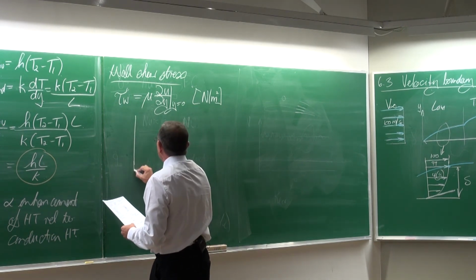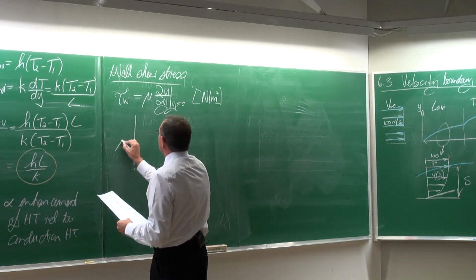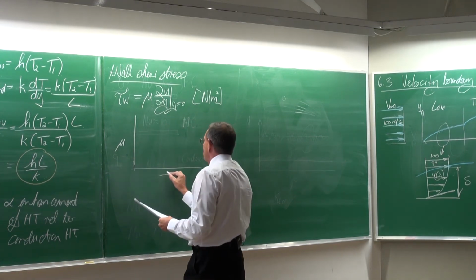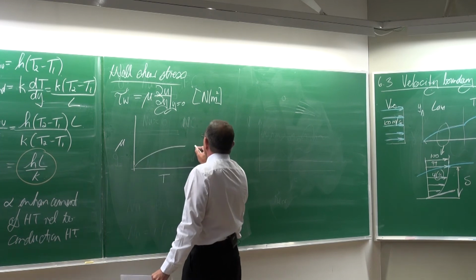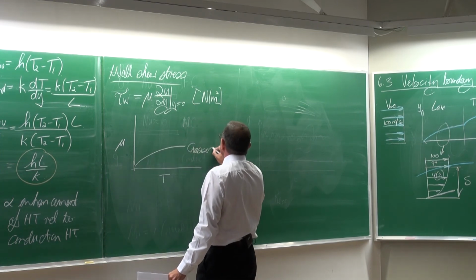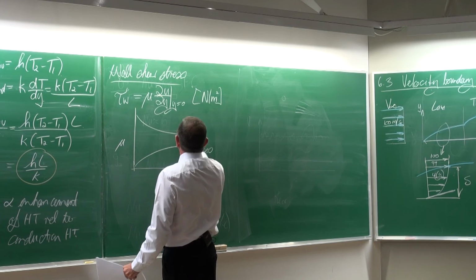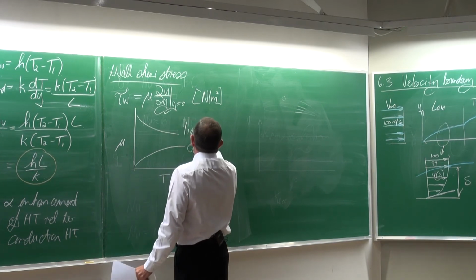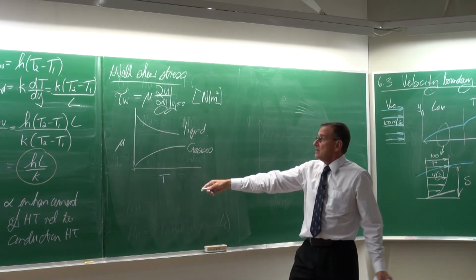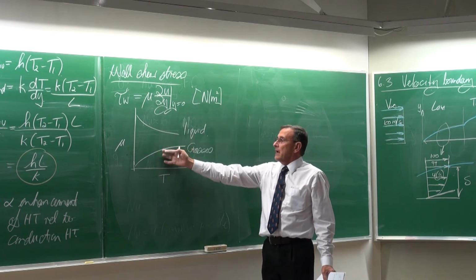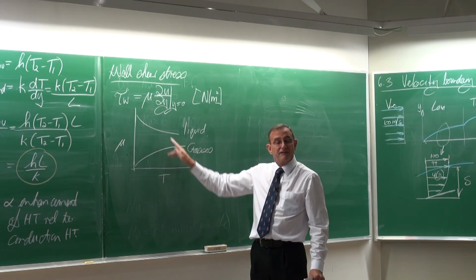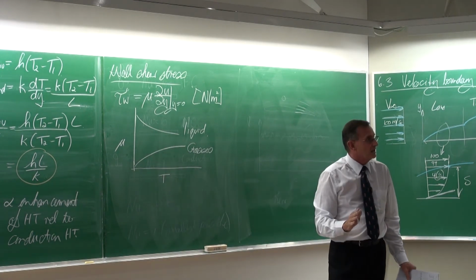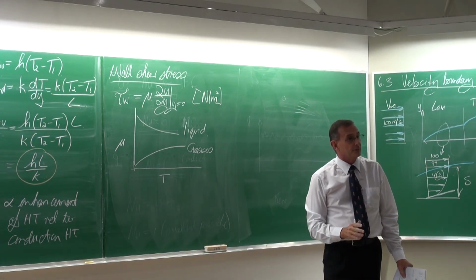In general, if you go and look at viscosity as a function of temperature, you will see that viscosity is a function of temperature. For gases, it will actually increase, while for liquids, it will decrease in general. If you go and plot any liquid or gas in your textbook as a function of temperature, you will see there is a functional relationship.